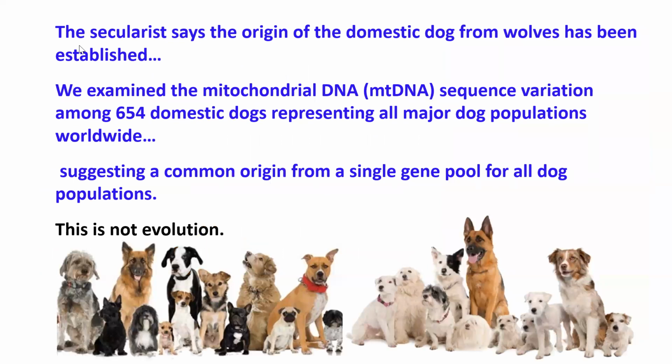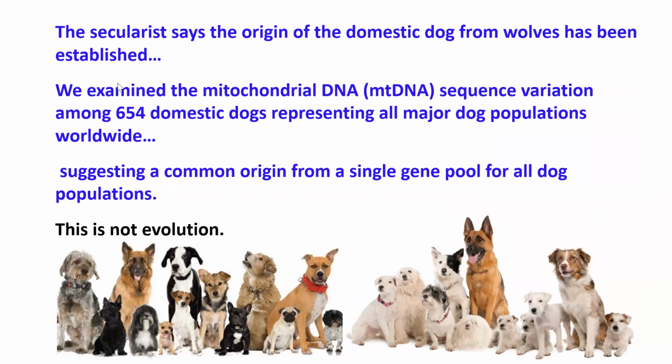Then we also learn from the secularist who says the origin of the domestic dog from wolves has been established. Okay, here we are talking about the animals that supposedly have evolved, right? But the secularist tells us that actually domestic dogs came from wolves, even though now we see them as different, wolves and domestic dogs.